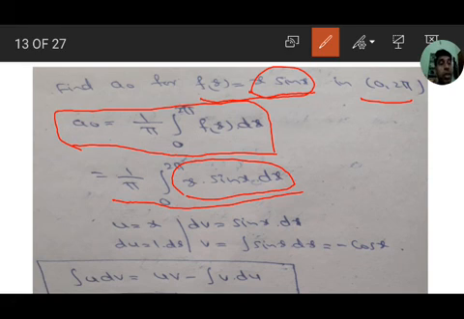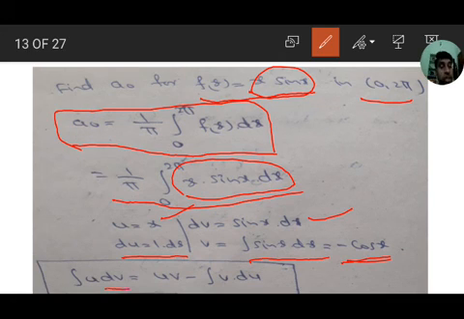Here u equal to x, I am using integration by parts. u equal to x, dv equal to sin x dx, du equal to 1 into dx, v equal to the integration of dv, that is the integration of sin x dx. The integration of sin x is minus cos x.